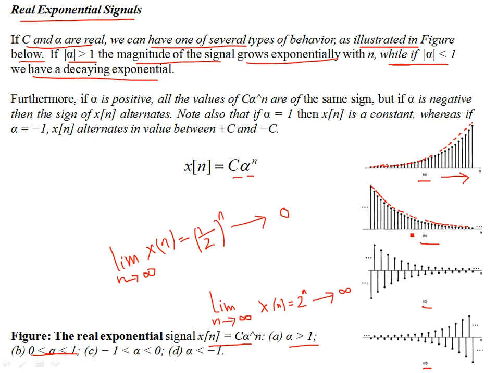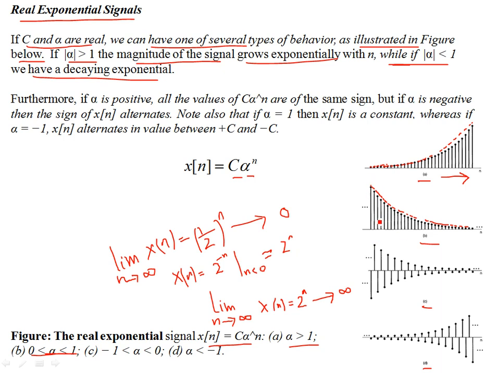Okay, but it's the other way around for the negative indices of n. So for n less than 0, this becomes basically 2 to the minus n, and you can also express this as 2 to the minus n. For n being negative, this is 2 to the power of minus n, so it grows on the other side.